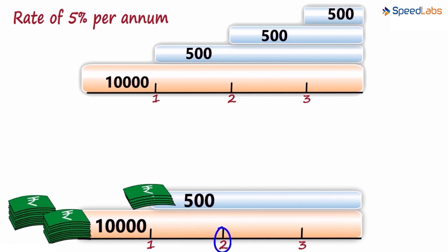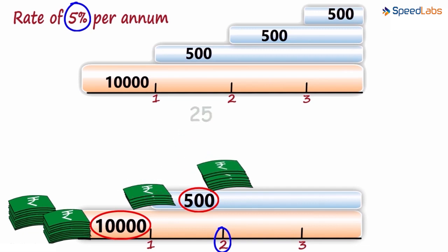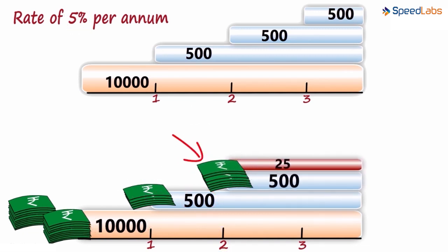At the end of the second year, we get an interest of 5% on the principal of 10,000 rupees. And hey, we also get an interest of 5% on the interest we received previously. That would be 5% on 500 rupees, 25 rupees. This money will also remain in the bank until you withdraw it.